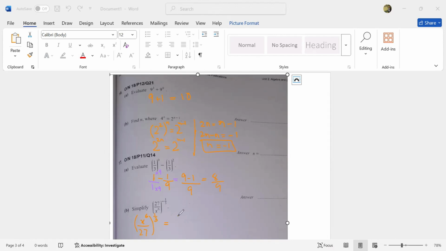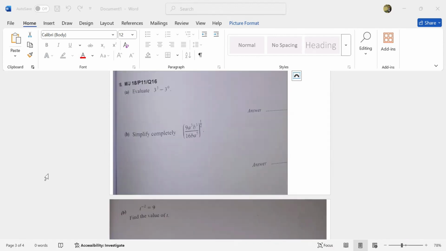Now, x raised to the power 6 multiply 1 upon 3. 27 we can change as 3 power 3. 3 cube is 27. 1 upon 3 was our power. After cancellation, we will get x power 2 upon 3. So that is our answer.